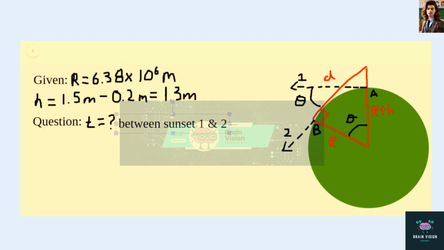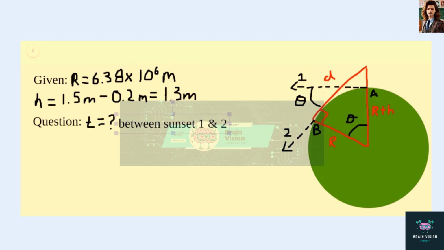Okay, so I have drawn the Earth as a green sphere, and I've denoted the radius of the Earth as the red line labeled r, and the distance from the center to the new height of the eyes after standing up, which I have denoted as h, as r plus h.